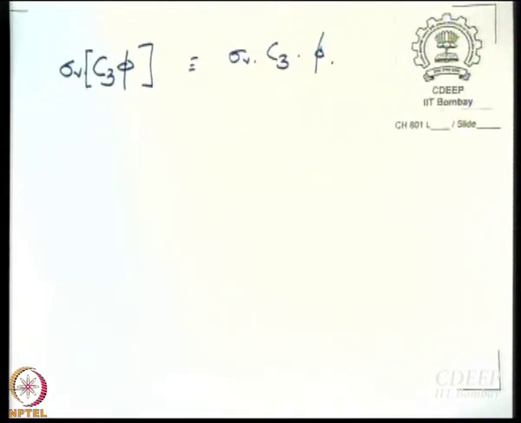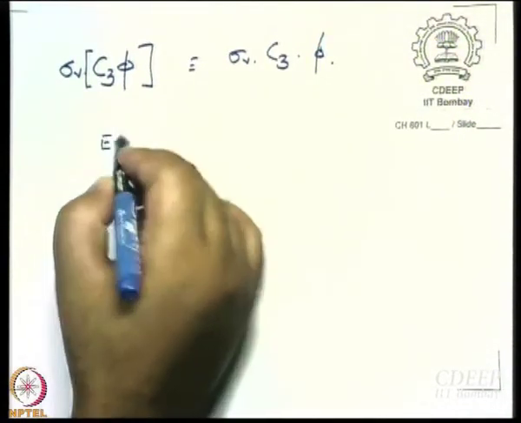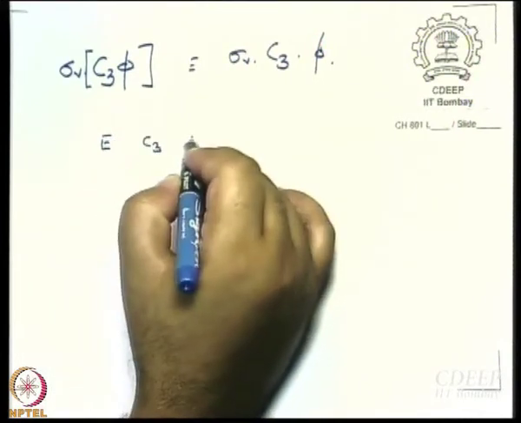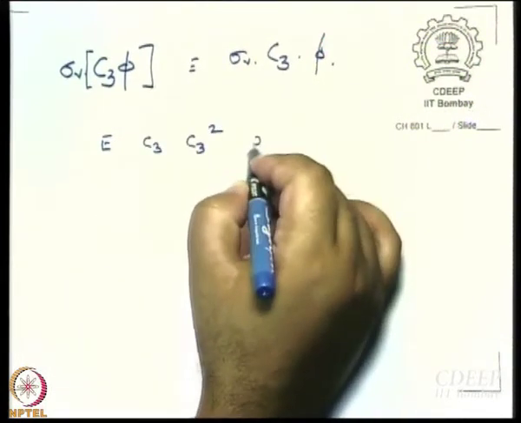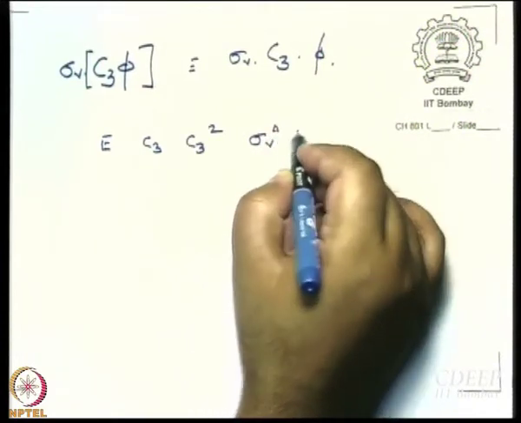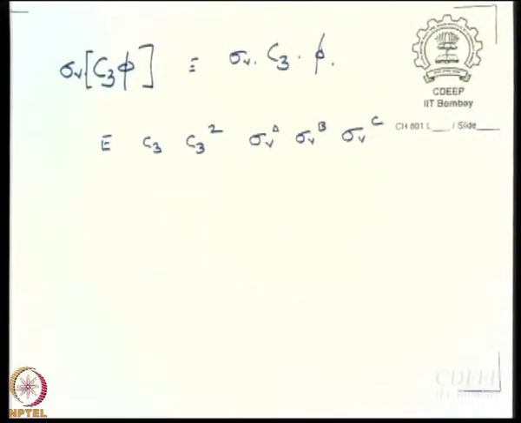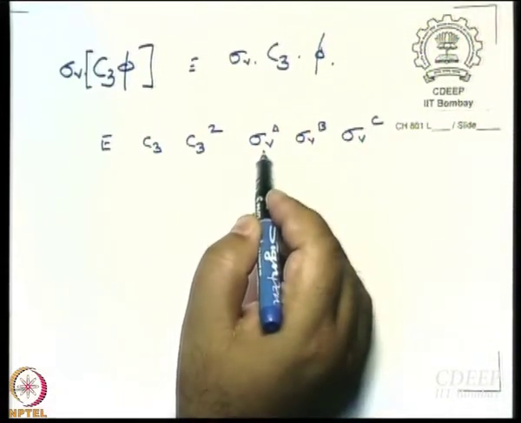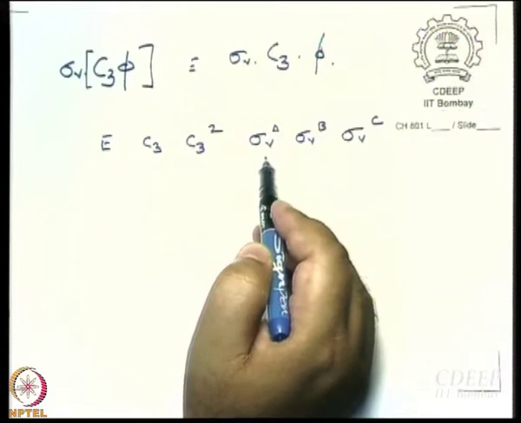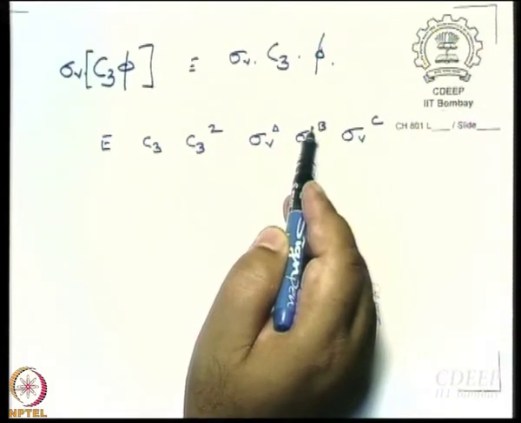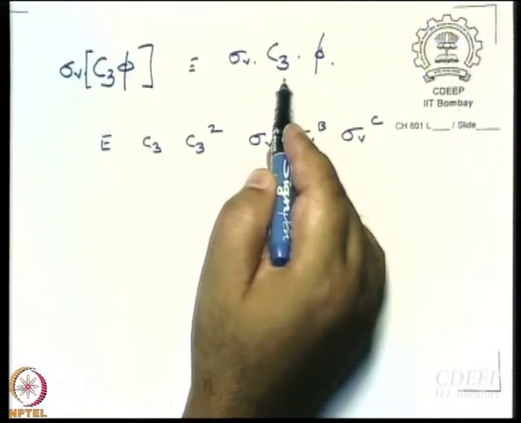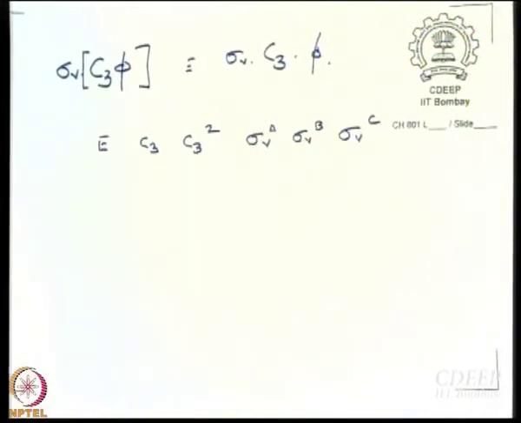So, what I am saying is that you have E, you have C3, C3 square, then sigma v, I will call it A, sigma v B, sigma v C. If there is a function on which C3 operates and then sigma v operates on it, then what I get should also be a member of the group.